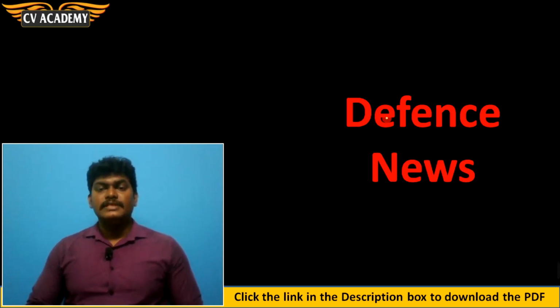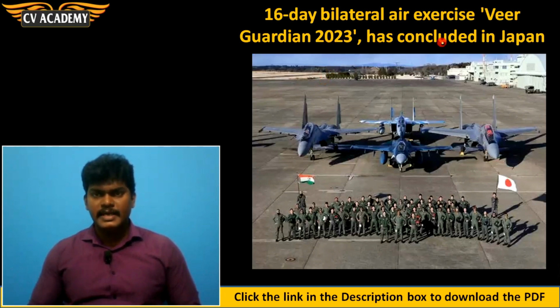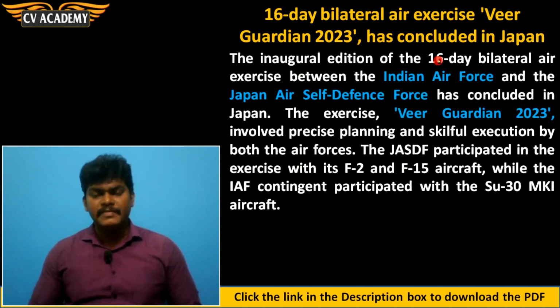So now we are going to see the defense news. 33rd news. The 16-day bilateral air exercise Veer Guardian 2023 has started in Japan. This 16-day bilateral exercise is between the Indian Air Force and the Japanese Air Force.